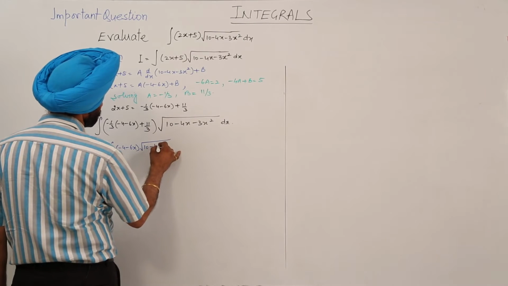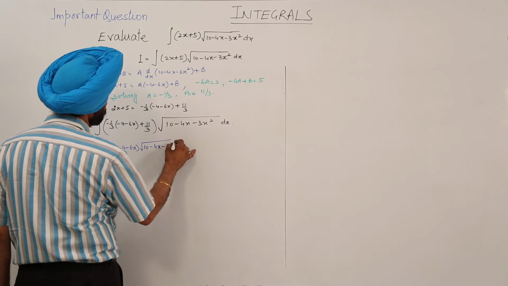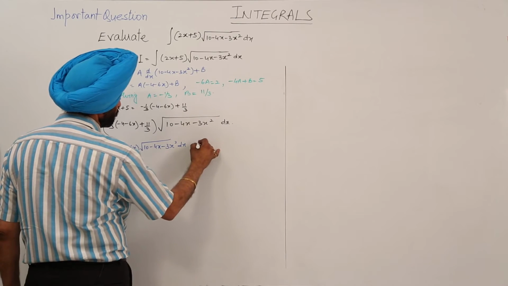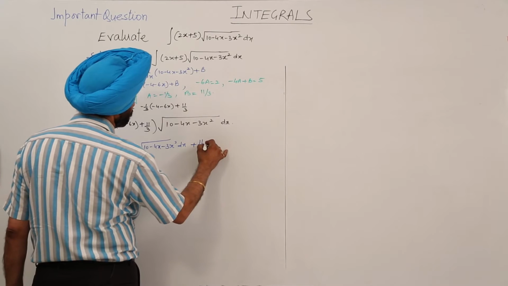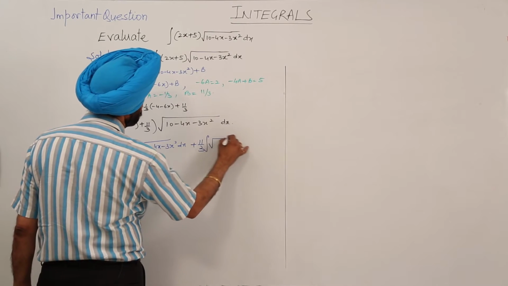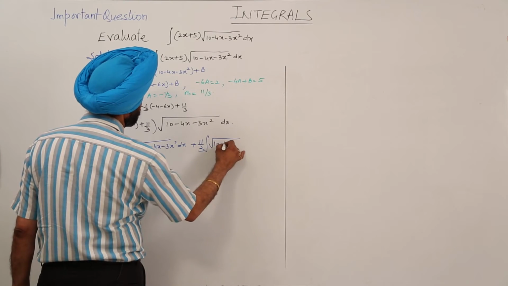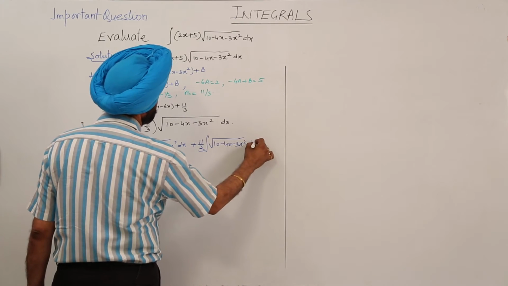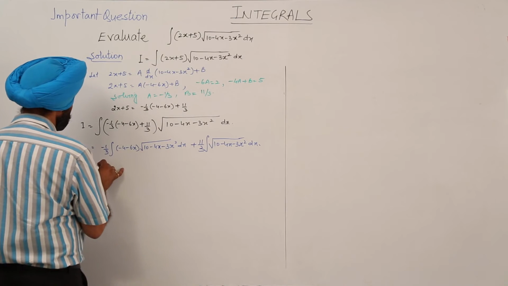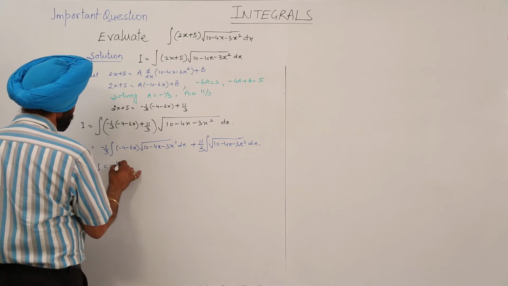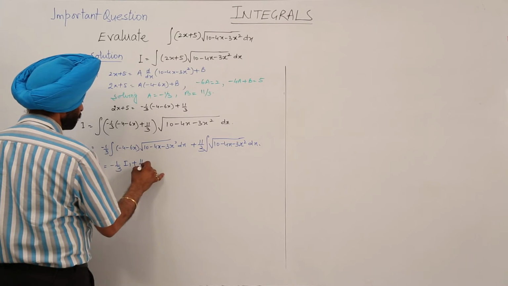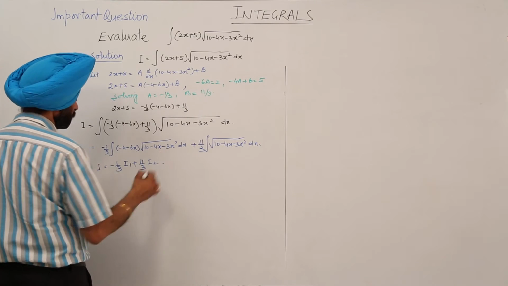Now it becomes the integral over the square root of 10 - 4x - 3x² dx, one thing, plus 11/3 integration of 1 over the square root of 10 - 4x - 3x² dx. That is -1/3 I1 plus 11/3 I2.